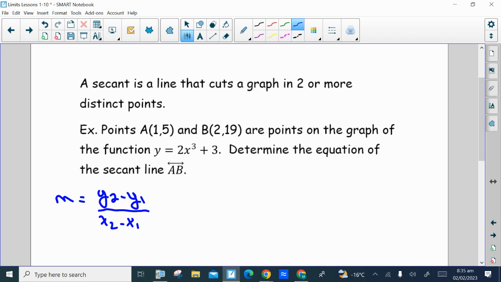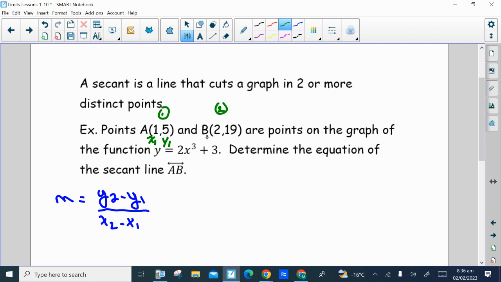So remember, we just designate one of the points, it doesn't matter which one, as the first point. So if we let a be point 1, that means that x1 is 1 and y1 is 5. The x coordinate or component at point 1 and the y component at point 1.